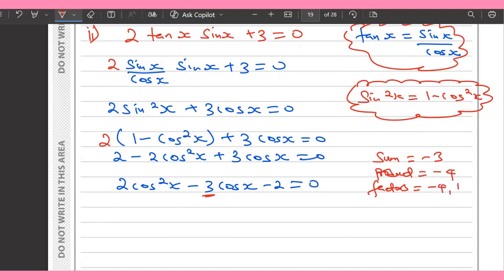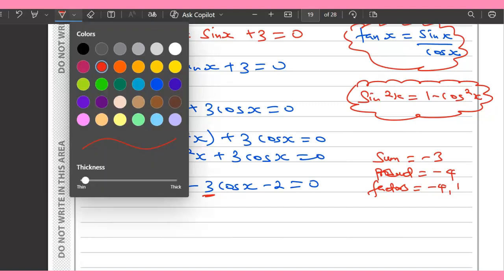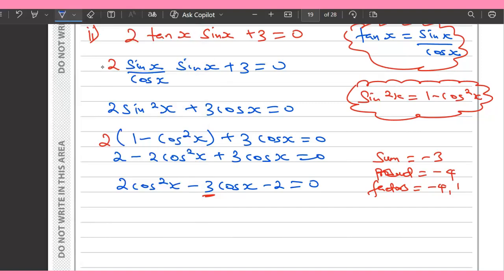Now, we can split the middle term because negative 3 is from negative 4 plus 1. So if we split the middle term, we are going to have 2 cos squared x minus 4 cos x plus cos x minus 2, and this should be equal to 0.